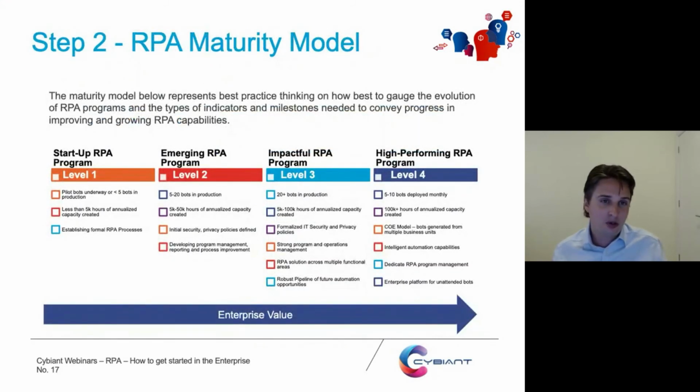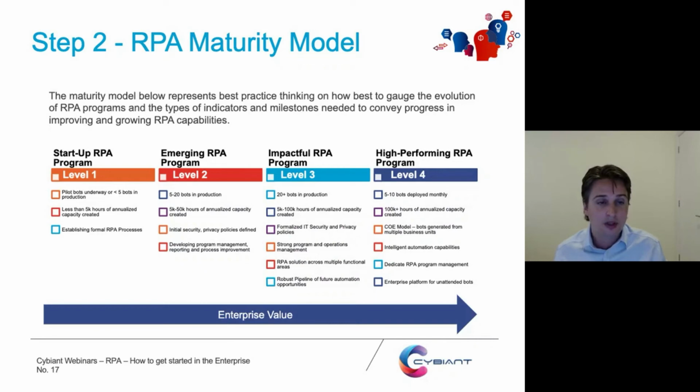After you've identified those use cases in step number 1, it is time to start introducing the RPA maturity model. The RPA maturity model that we're presenting here on the screen represents best practices in terms of thinking on how you can get started and grow with automation solutions over time. Generally speaking, almost every organization will go through 4 different phases when starting to embed and implement RPA.